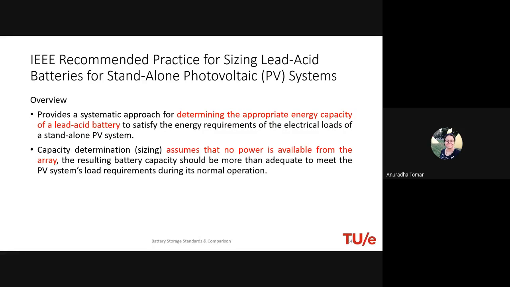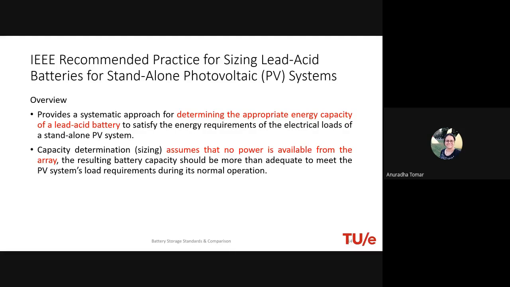Another thing I really liked about this standard is that a lot of examples are given, based on different conditions.